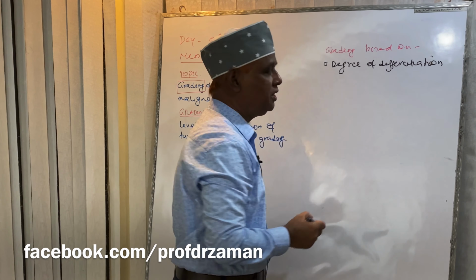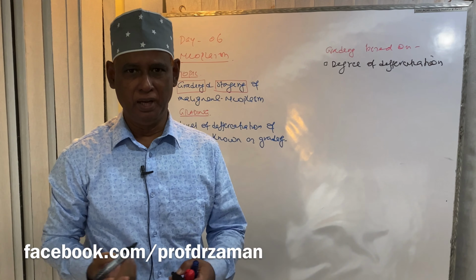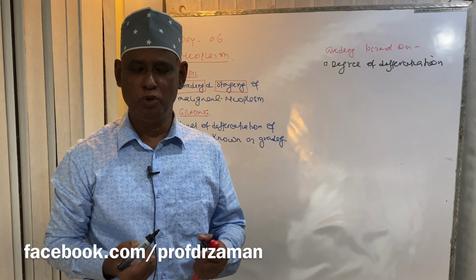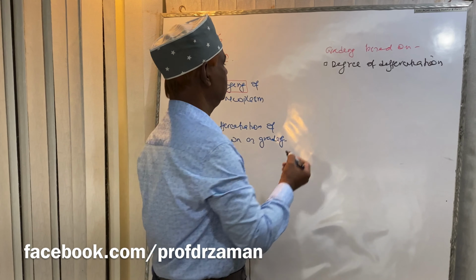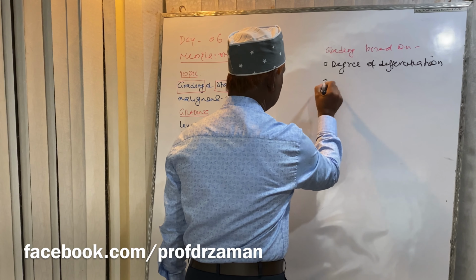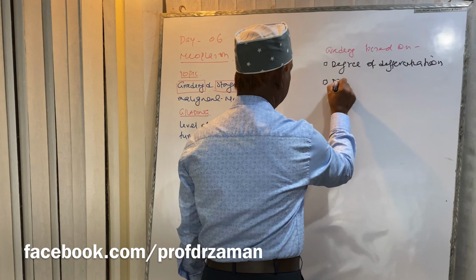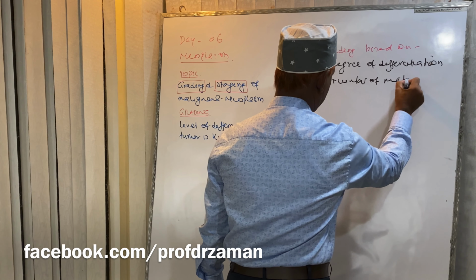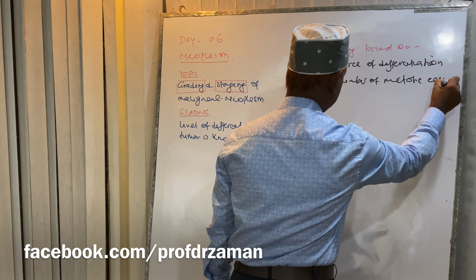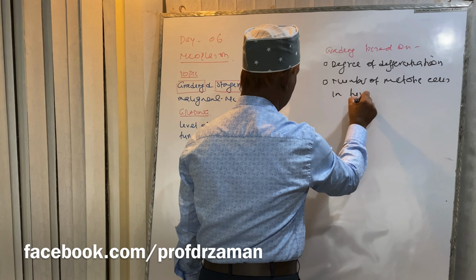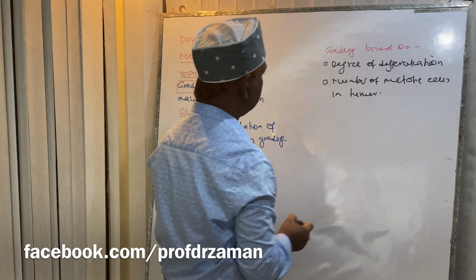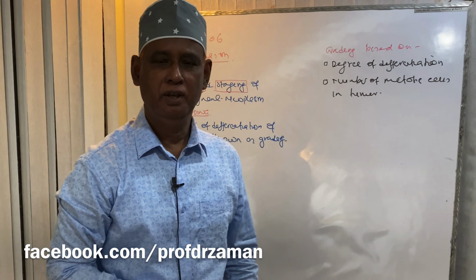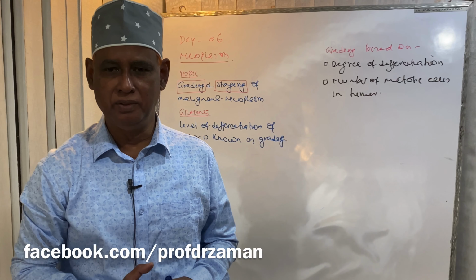that is degree of resemblance of the tumor cell with the normal cell, and it also based on number of mitotic cells in tumor. So, grading of tumor based on degree of differentiation and number of mitotic cells in the tumor.